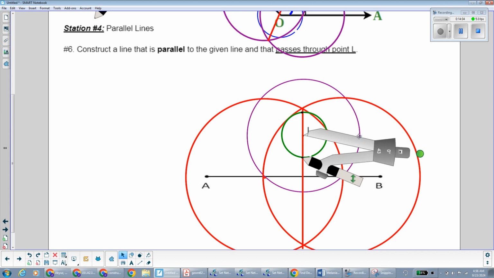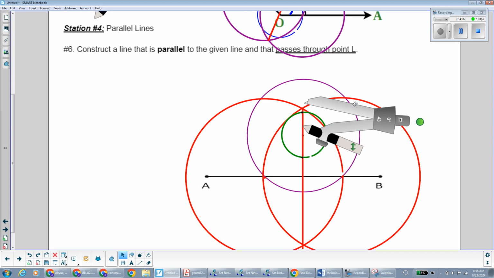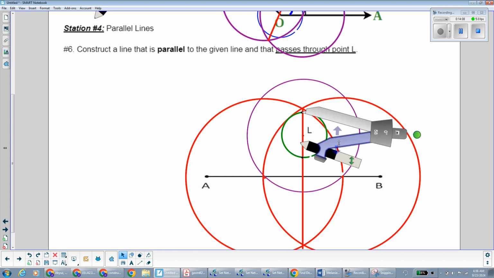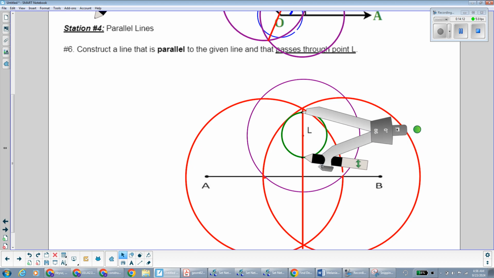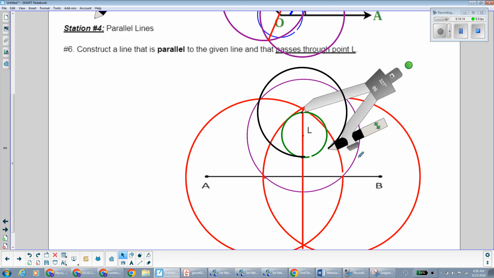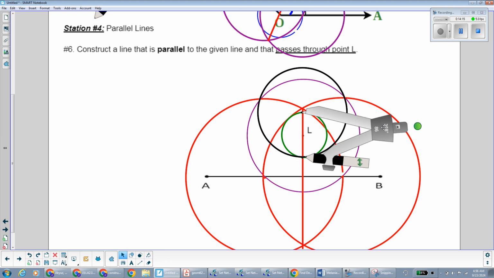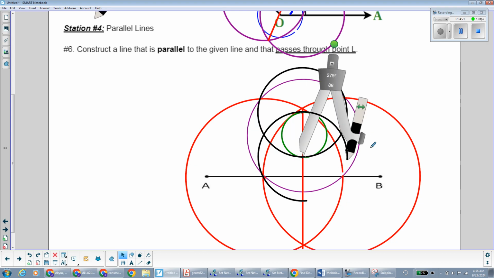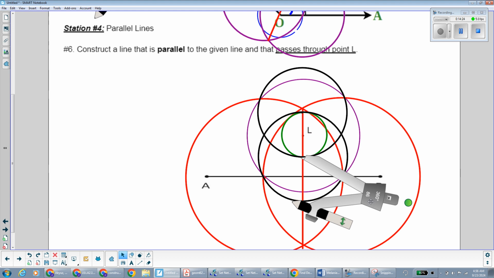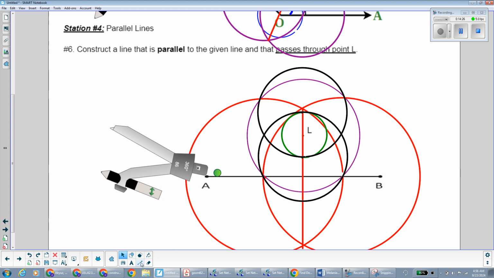Gonna open up from one intersection to the other. And I'm gonna swing a circle. And then on the other intersection point, I'm gonna swing the same circle. And it gets messy, which is why I recommend different colors.